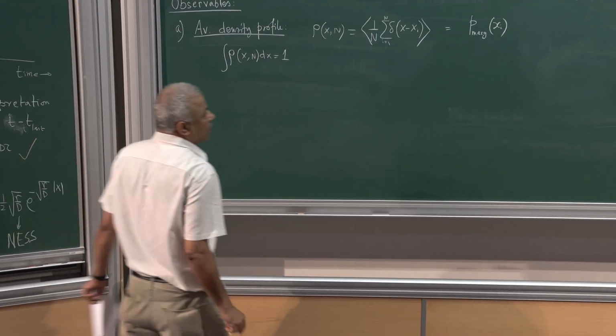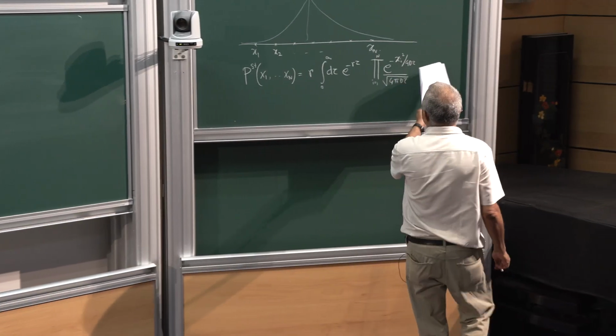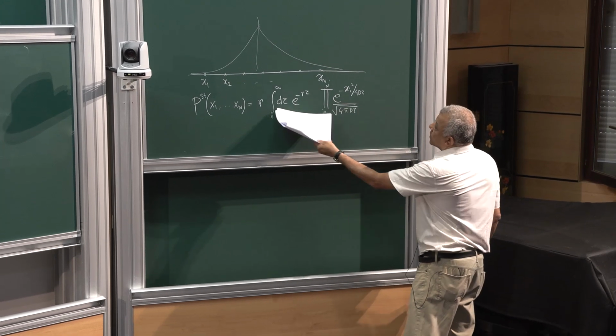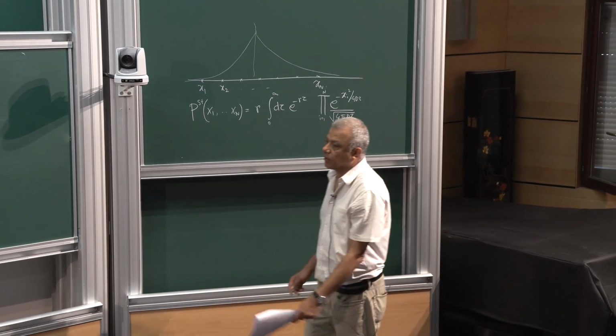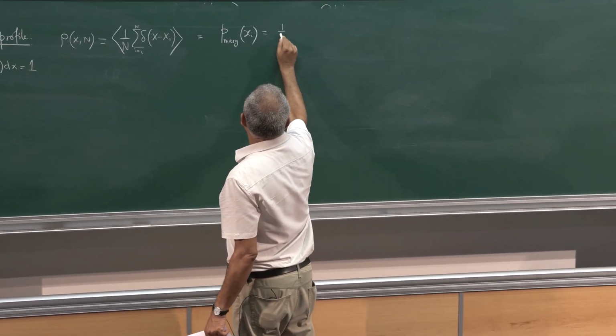You just have to integrate over, let's say, 2 to n, keeping the first one as x, so that gives you 1, and so it's just the stationary distribution of a single particle, right? So it's exactly that.